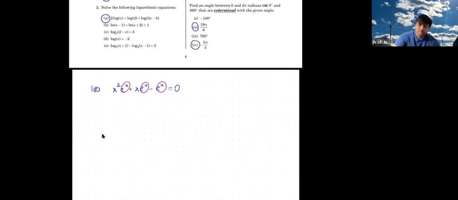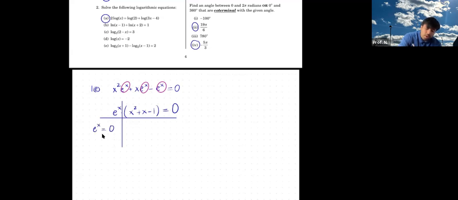If I factor out, I get e to the x multiplied by x squared plus x minus 1 equals 0. So then from here, I've got two different equations. Either e to the x equals 0, or x squared plus x minus 1 equals 0.